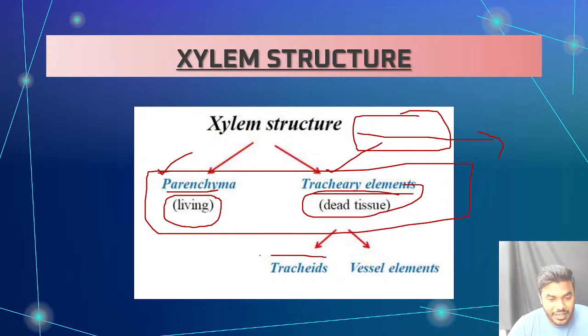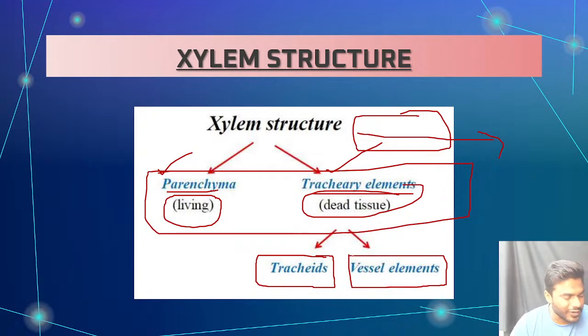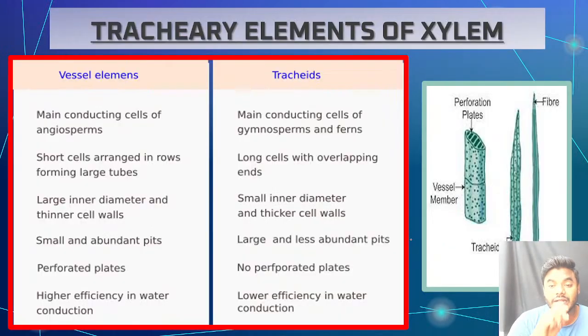And this particular tracheary element consists of tracheids, and the tracheary elements can also consist of vessel elements. We people have to know the major differences between the tracheids and vessel elements compulsorily.